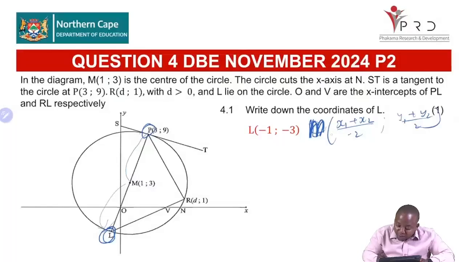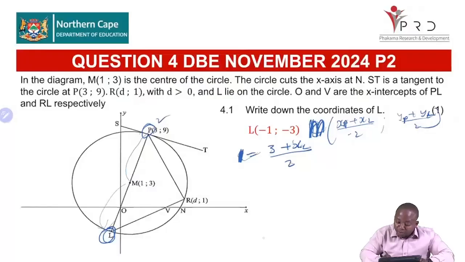The x coordinate of M is 1, and it equals x1 plus x2 over 2, where x1 is the x value of P and x2 is the x value of L. So 1 equals 3 plus the x coordinate of L, over 2.